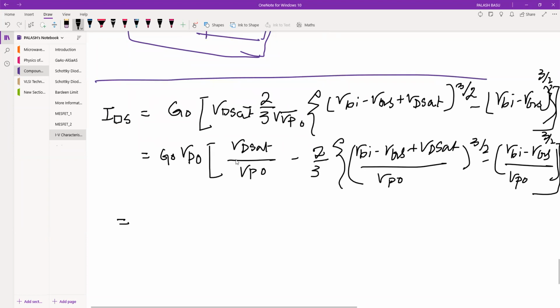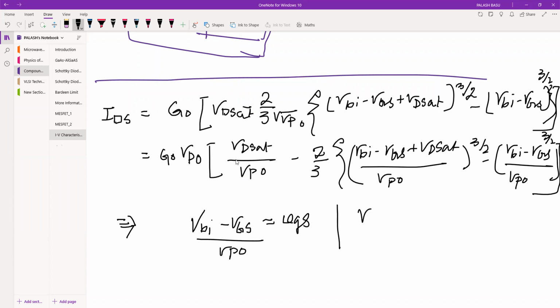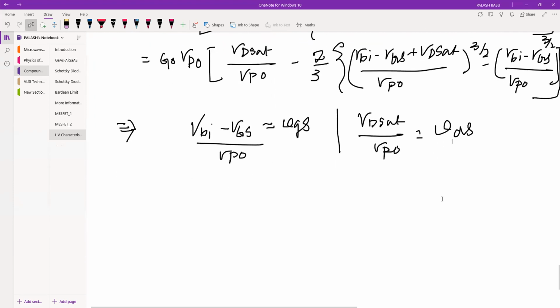Now let's represent it as a function of VGS and VDS. Doesn't mean that we have to represent it that way, but you can.